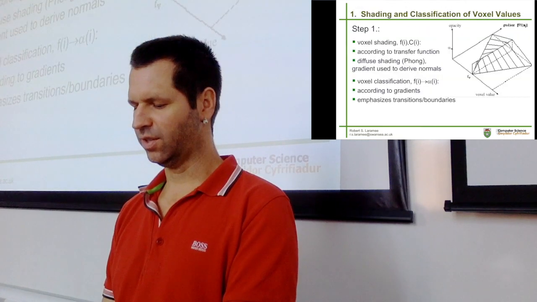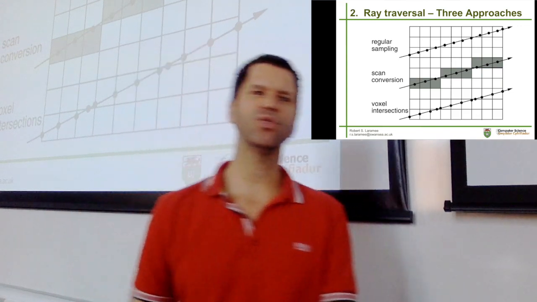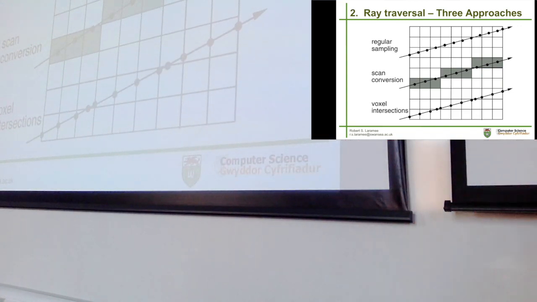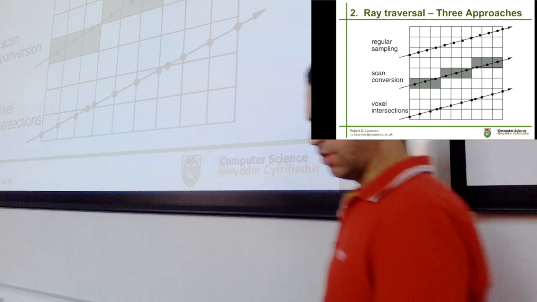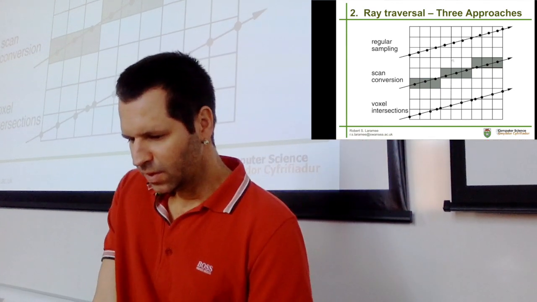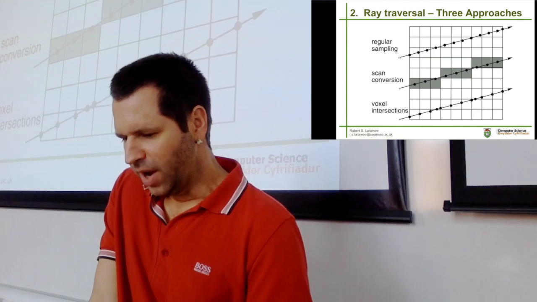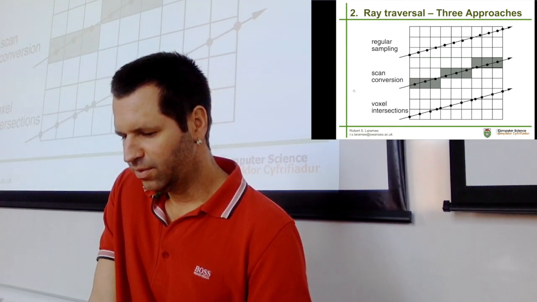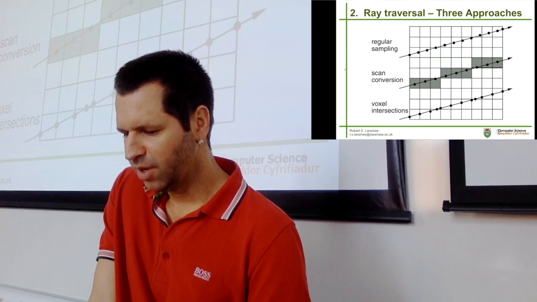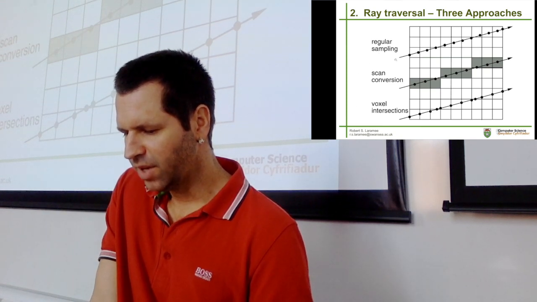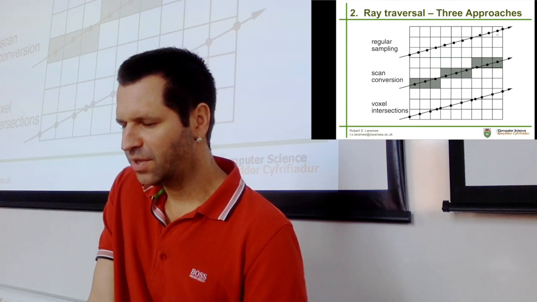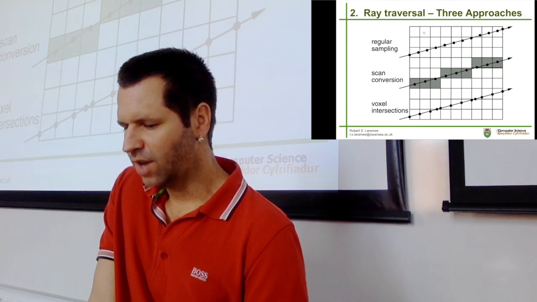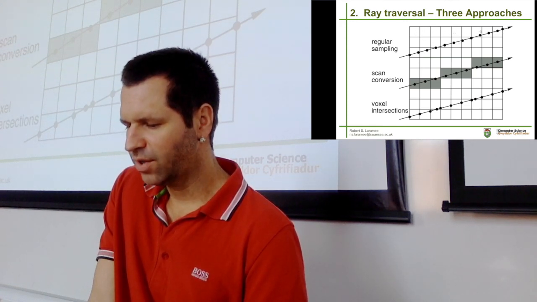We're simplifying the discussion by projecting it down to 2D with this slide. So imagine the ray, this is the view over here. We're sitting over here, or the image is being projected over here, and we cast a ray into the volume from front to back. These are voxels, these squares.